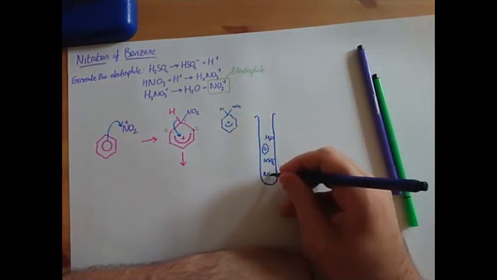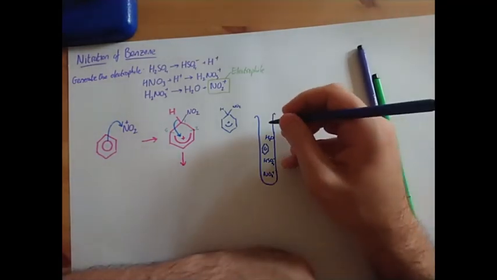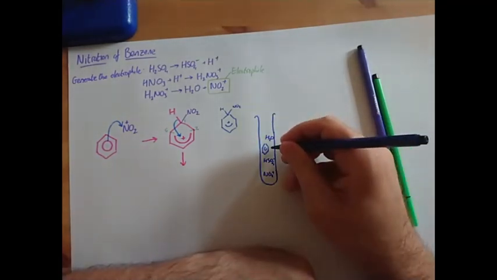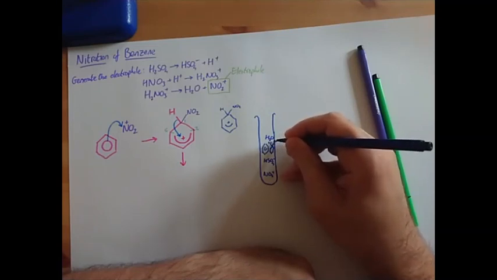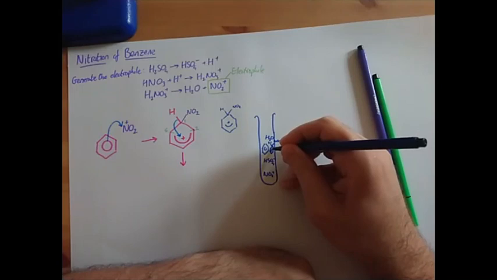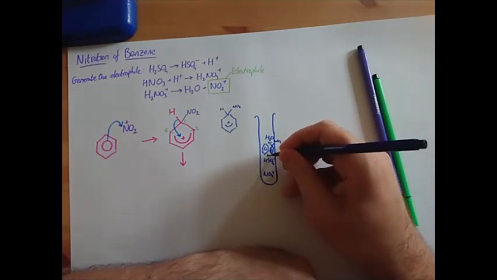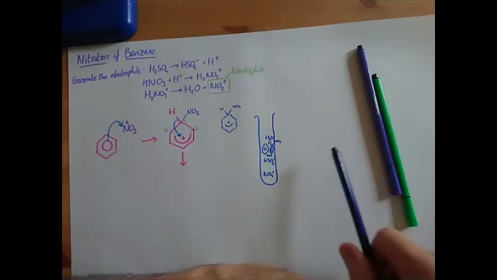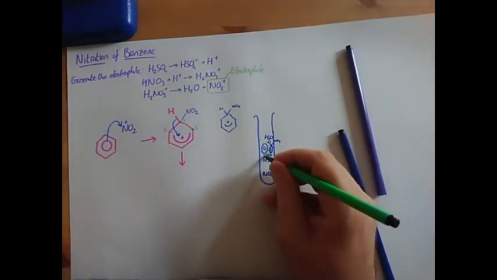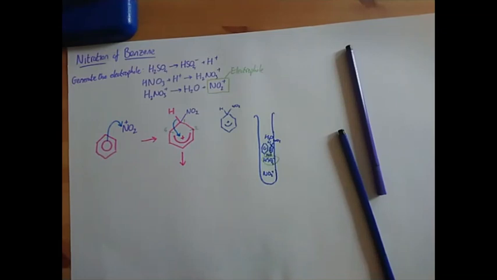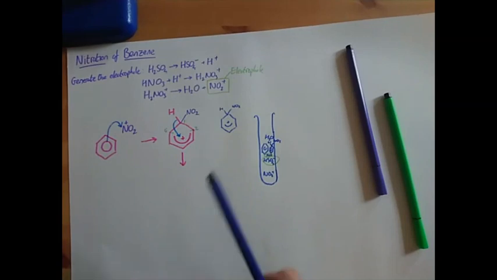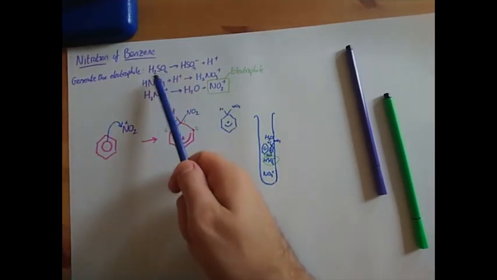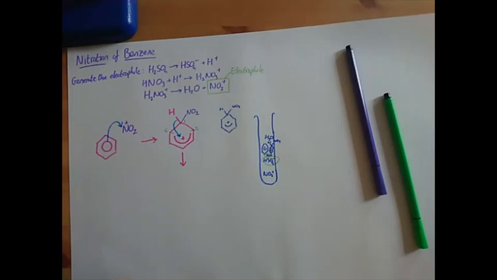We've got some NO2 pluses. And we've also got some of these intermediates. And we've got the H pluses which have just escaped from it here. So that H plus is going to join with an HSO4 minus to reproduce the H2SO4 that we started with.